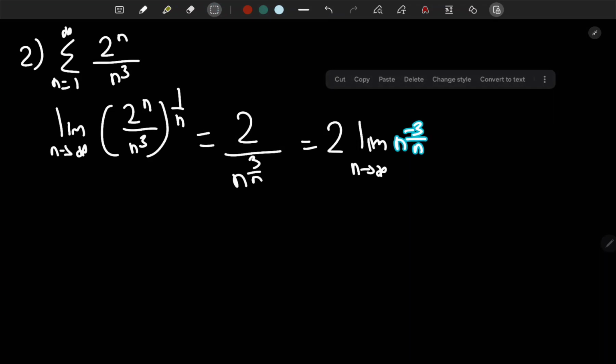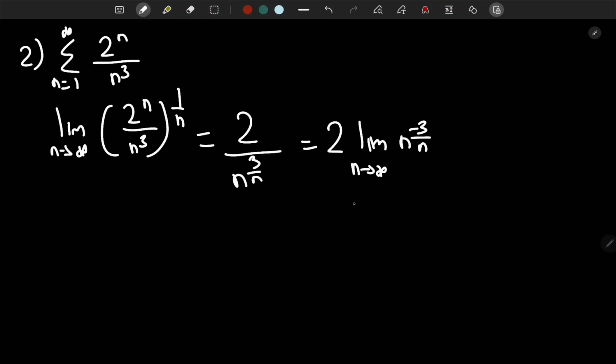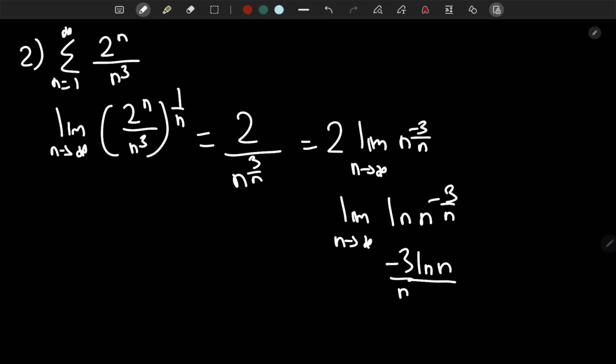And now let's introduce ln. So now it's going to be limit as n approaches infinity, and we have ln of n, so there are 2 n's over here, just be careful of that, negative 3 over n. Now we can bring this negative 3 over n below, so it's going to be negative 3 over n ln n. And now let's apply L'Hopital's rule. So it's going to be negative 3, the derivative of ln n is 1 over n, and the derivative of n here is just 1, right?